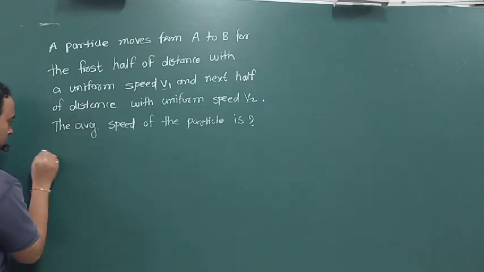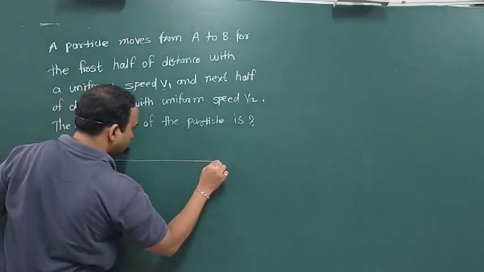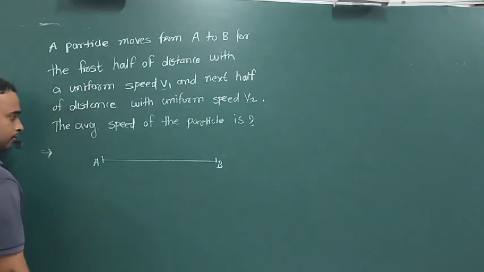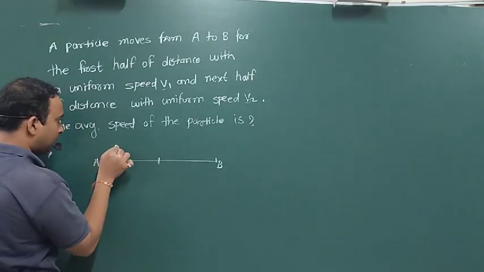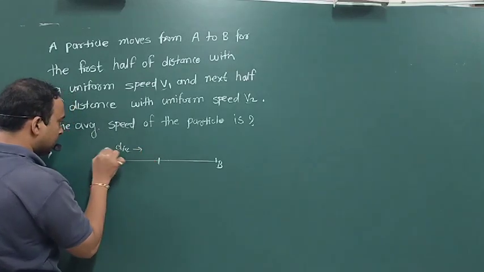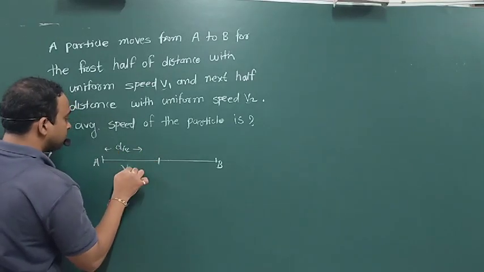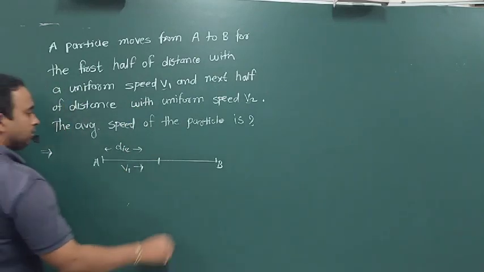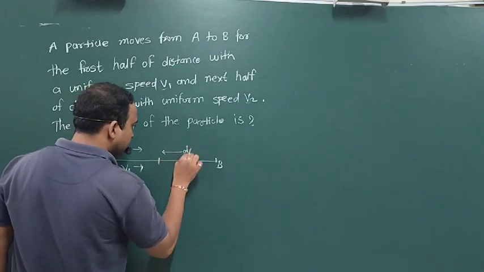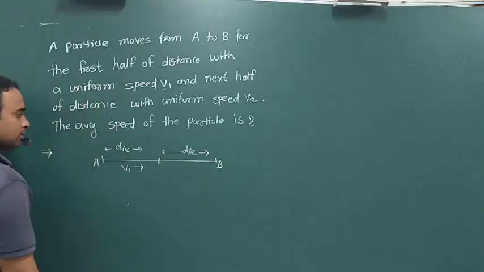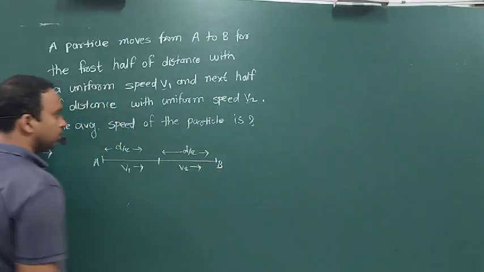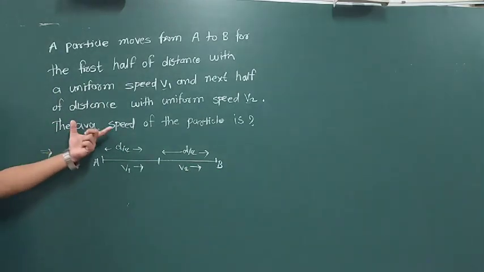Now see, a particle moves from A to B. For the first half distance the uniform speed is v1, and for the next half distance the uniform speed is v2. So find the average speed of that particle.